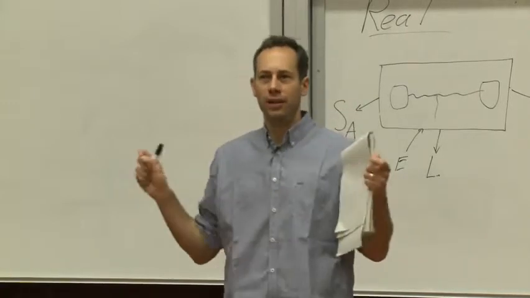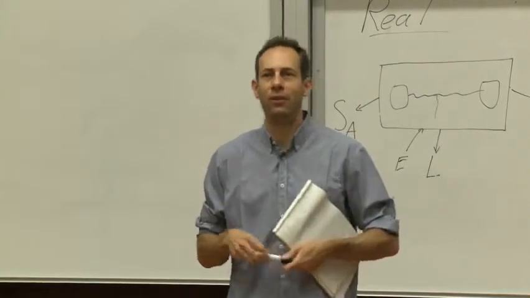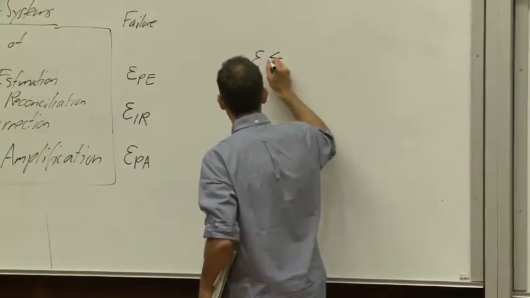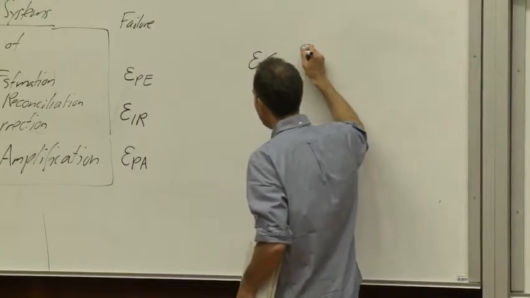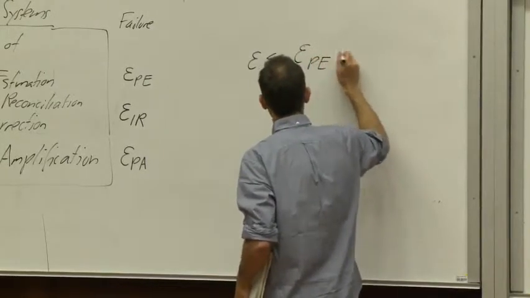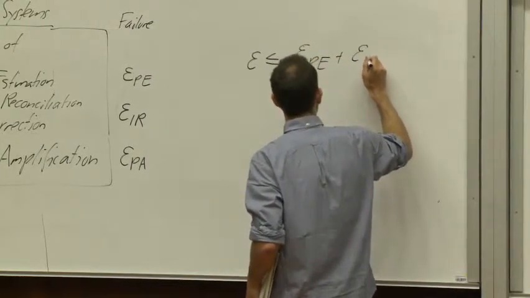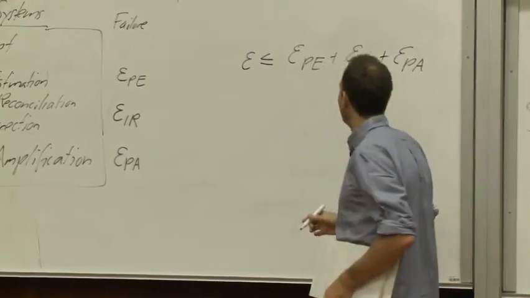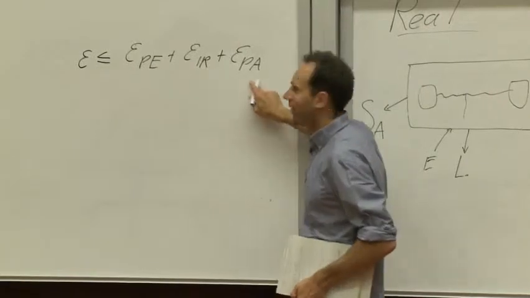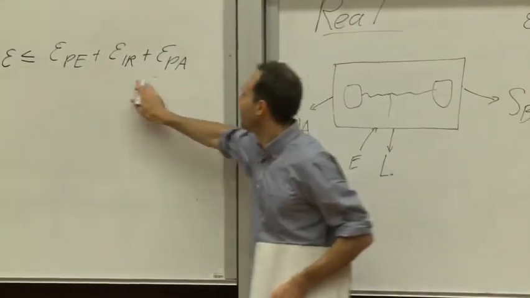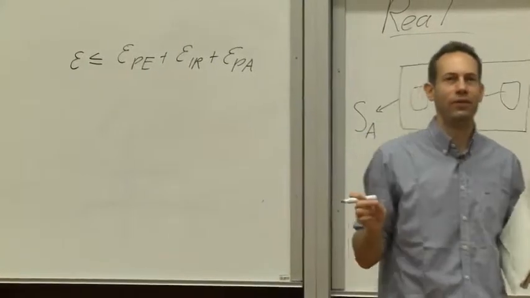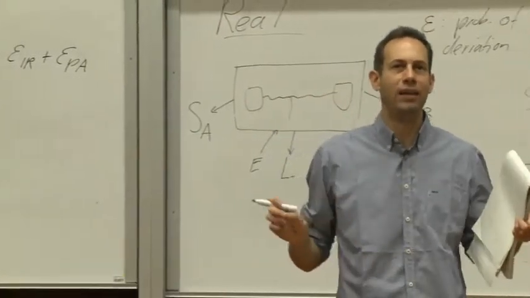And then you can add these epsilons together, and it's clear that the total epsilon is certainly upper bounded by what people call the union bound, the failure of the individual components. And this is actually a very good estimate, because if these epsilons are small, then this number is essentially identical to the number if you would assume that all the errors occur independently of each other.